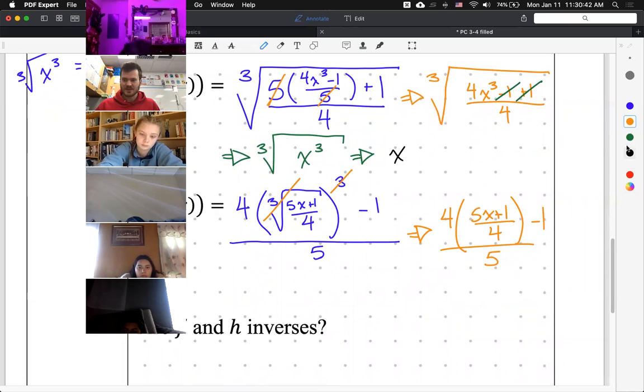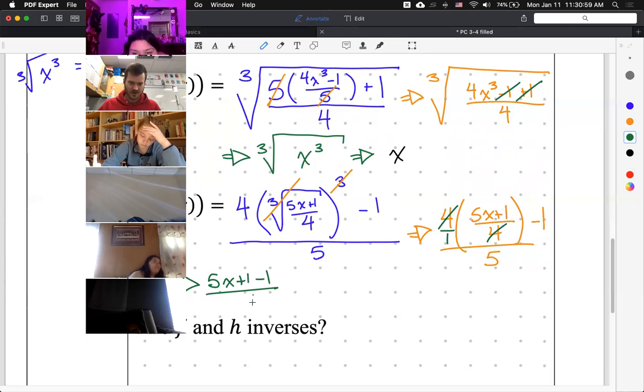And then from here, it's even easier. 4s and 4s, you can see I'm multiplying by 4 over 1, so the 4s are going to cancel out, cross cancel. Then I'm going to have the new equation down here: 5x plus 1 minus 1 all over 5.